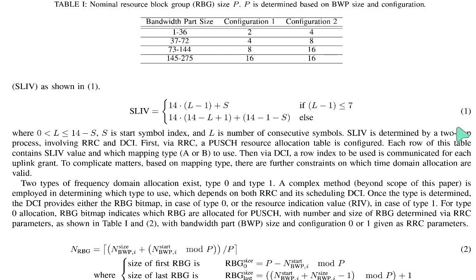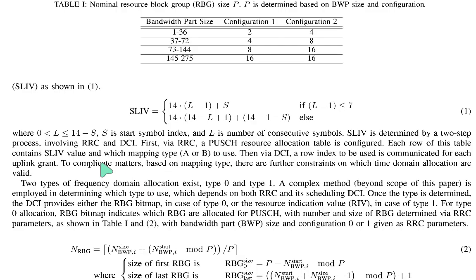SLIV is determined by a two-step process involving the RRC and DCI. First, via RRC, a PUSCH resource allocation table is configured. Each row of this table contains the SLIV value and which mapping type, A or B, to use. Then via DCI, a row index to be used is communicated for each uplink grant.